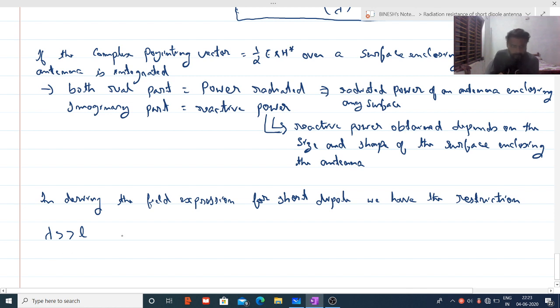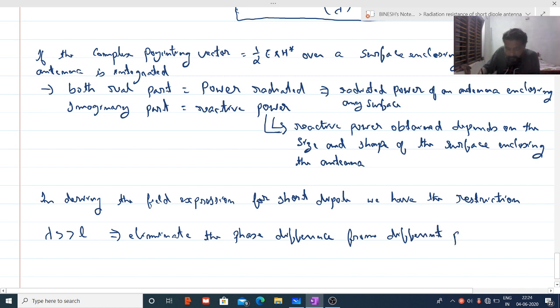If we utilize lambda very much greater than L, that will eliminate the phase difference from different parts of the dipole.